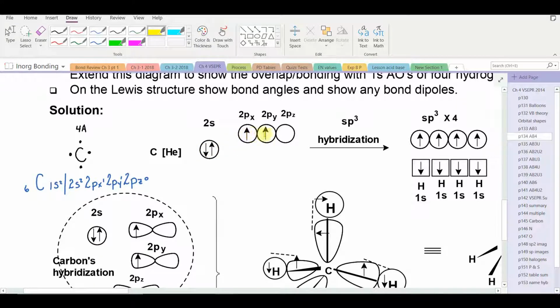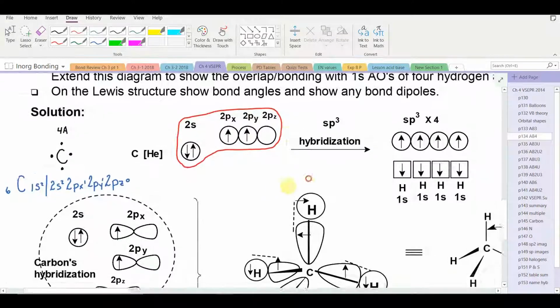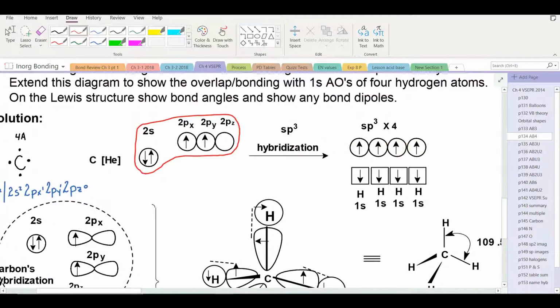In order to form 4 bonds, valence bond theory says it needs 4 half-filled orbitals. It doesn't have them, right? The way it is, it can only form 2 bonds. So valence bond theory proposes that carbon mixes together its 2s orbital with all 3 of its 2p orbitals. 4 orbitals are combined to produce 4 hybridized orbitals, and they're sp3 hybrid orbitals, and there are 4 of them.